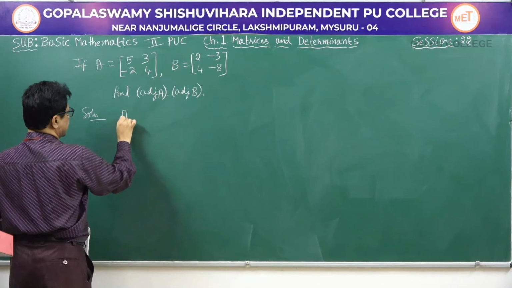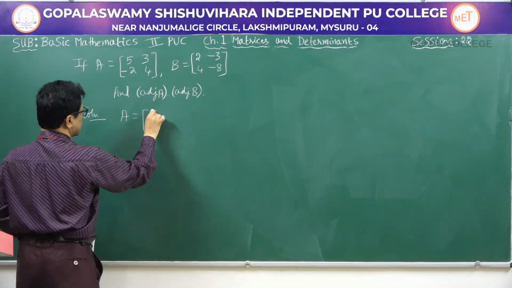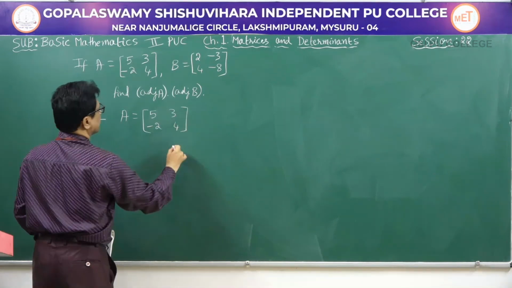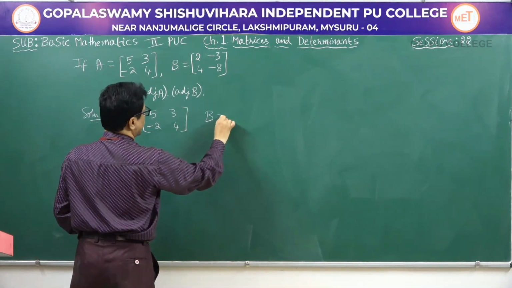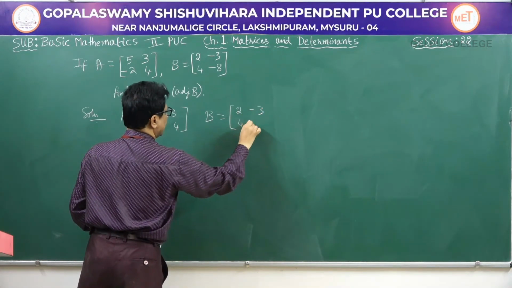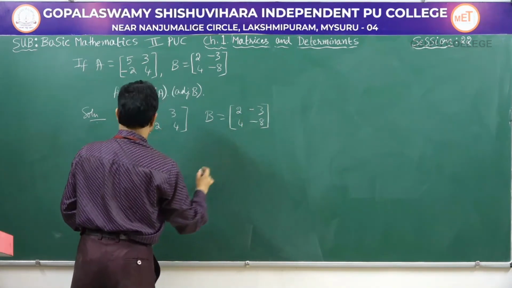So A is given, A equals 5 3 minus 2 4, and B is also given, so B equals 2 minus 3 4 minus 8.